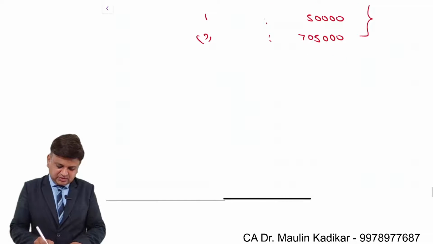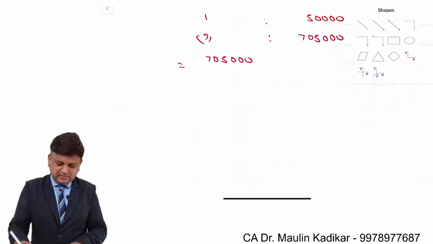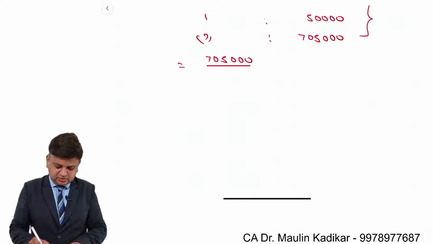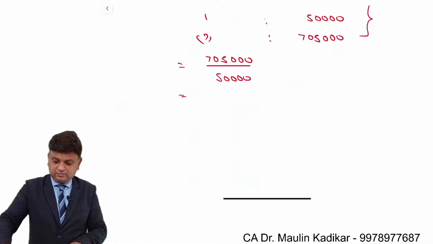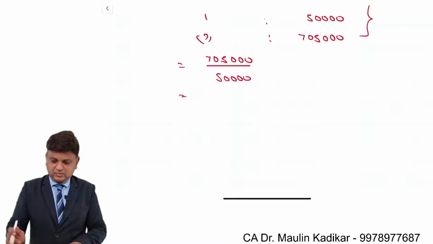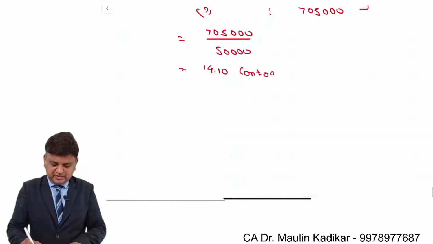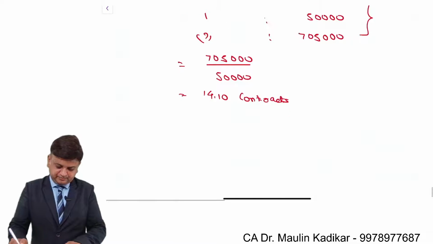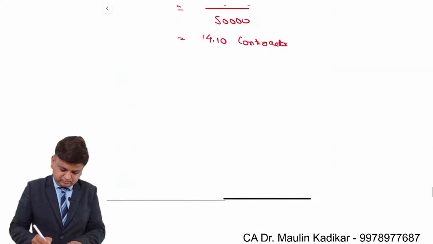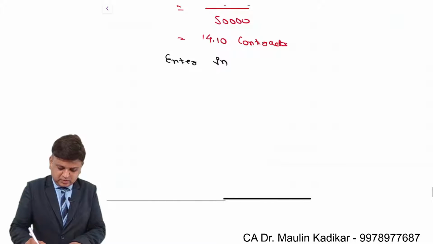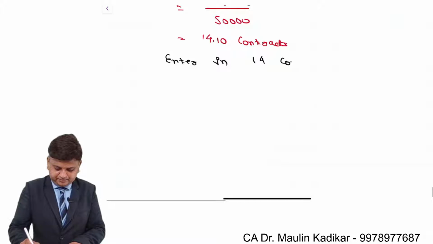So we understand that over here 7,05,000 into one, that does not make sense, divided by 50,000. So the answer comes to 14.1. 14 is near to it, so we'll enter into 14 contracts.